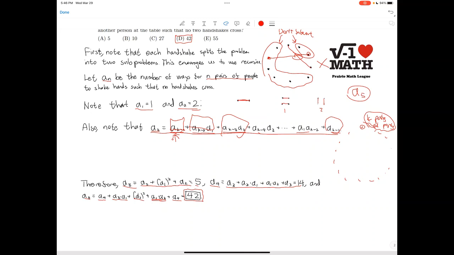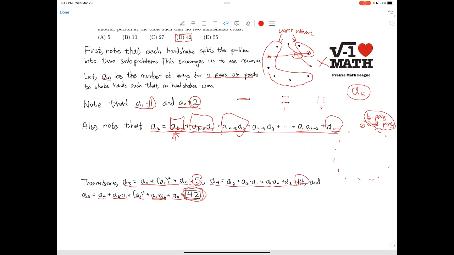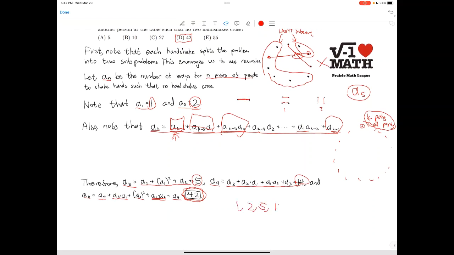Now, you may have noticed that these numbers follow a specific sequence, which is 1, 2, 5, 14, 42, etc. And if you go to the Online Encyclopedia of Integer Sequences, OEIS, just search this online, you'll see that this is actually the Catalan numbers.